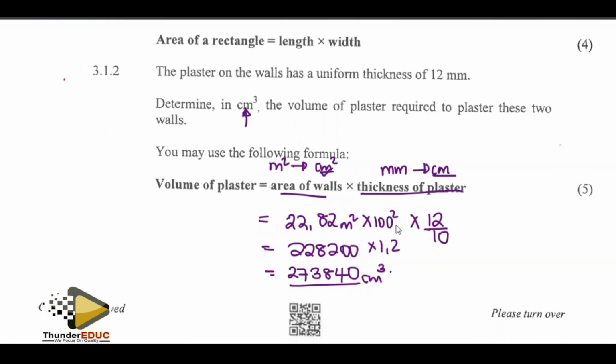Or if you don't know what to do here, you remember we said area of wall 1, change the length into, sorry, change the measurements or the dimensions into centimeters. So at first, wall 1, we said it was 3,5 meters. Change this to centimeters. Let's change 3,5 times 100.